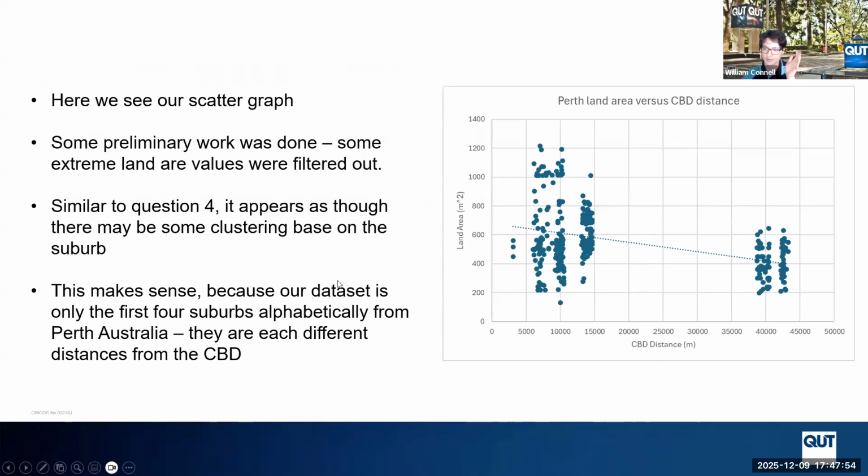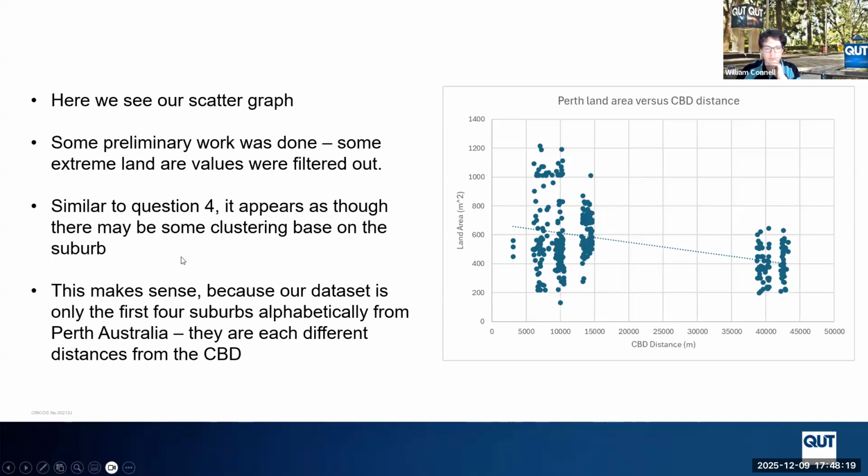I filtered out some of those extreme values for the land area. In particular, we saw there was one observation that was astronomically larger than the rest of them. That was filtered out. But in addition, I've also filtered out observations above about 1200, right? Just so it's a little bit clearer to see what this relationship looks like.